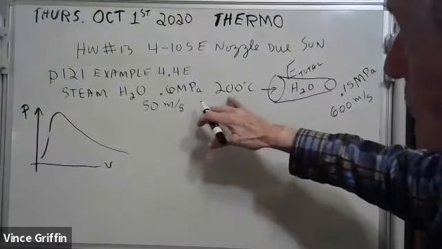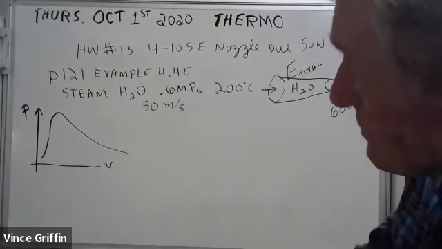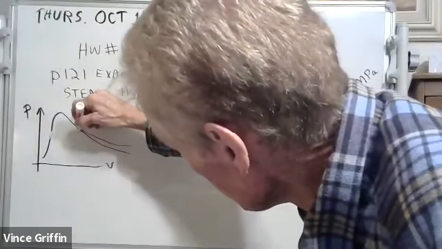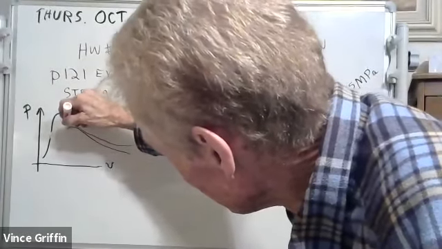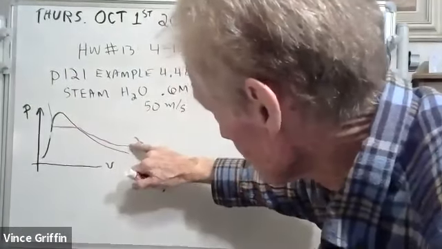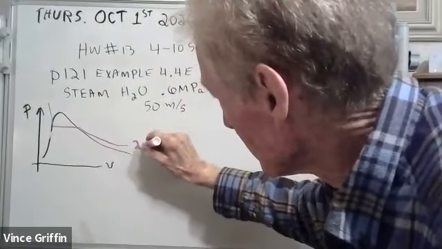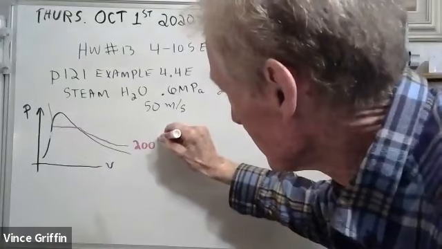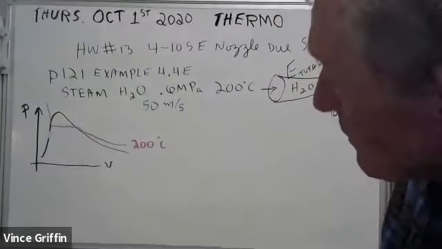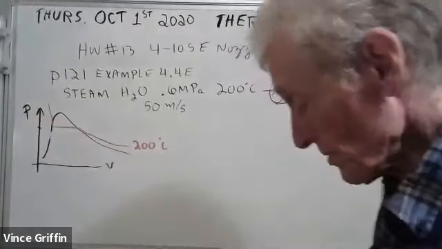And we've got 200 Celsius coming in. Well, see, 200 Celsius is somewhere up here. There's 200 Celsius. Now we're going to go to our tables, and we're going to see what this pressure here at 200 Celsius is.